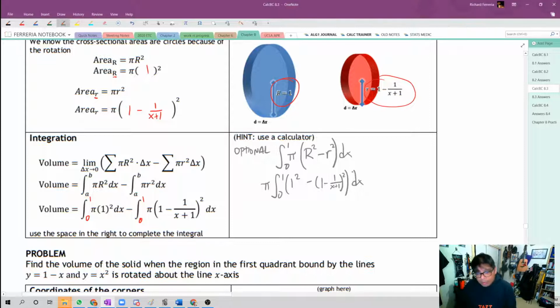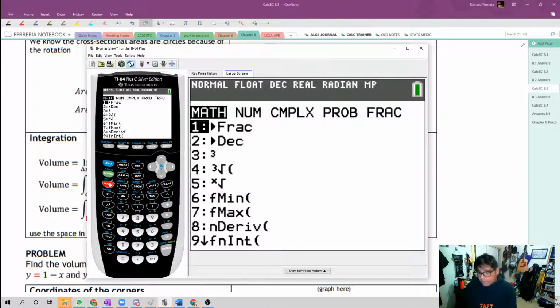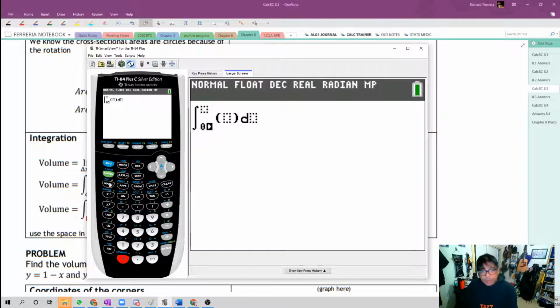Grab our calculator and get this calculated. And integral from 0 to 1. Ooh, you know what? I need to put a pi in front of this whole thing. So let's get that pi in there. Pi integral, and this is going to be 1 squared. And that square is not really necessary, is it?